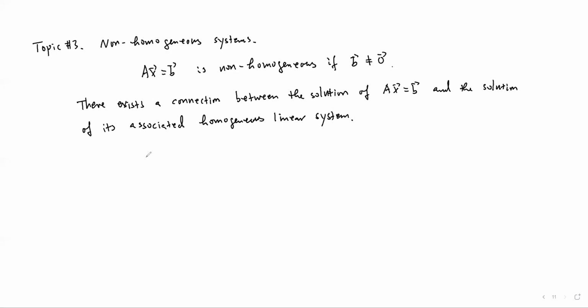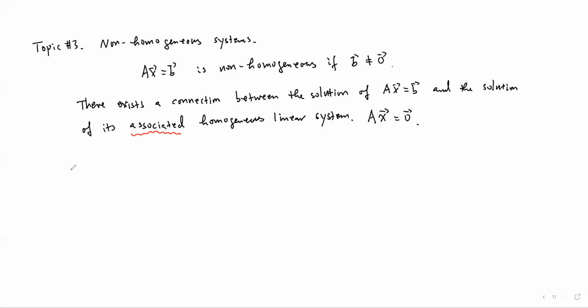What does it mean? Associated homogeneous system means that this system has the same coefficient matrix as this linear system, but the right side is 0. Let me show you one example.